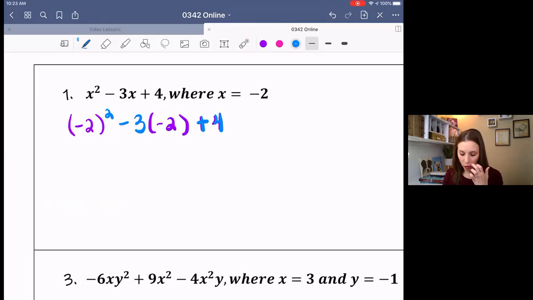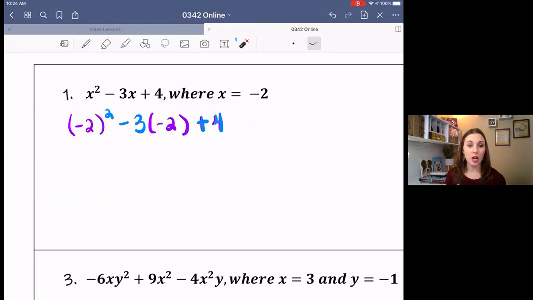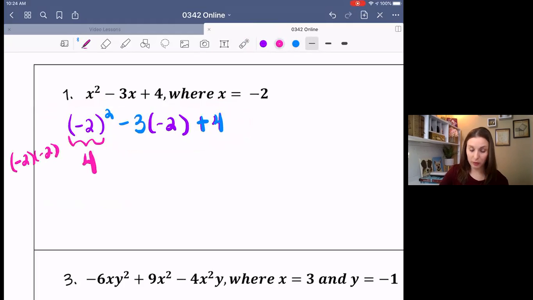And now we just have a normal algebraic expression that we can simplify using order of operations. So the first thing that you need to do in order of operations is parentheses, exponents, and multiplication. So I'm going to go through. I do have an exponent here. -2 squared means -2 times -2, which is +4.